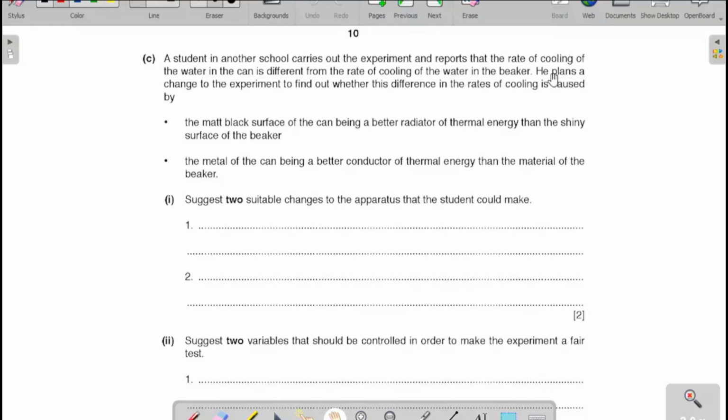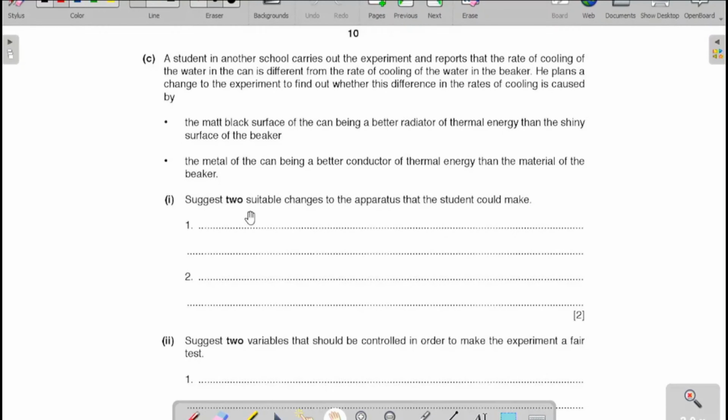So because of that, he plans a change to the experiment to find out whether that is caused by the matte black of the can being a better radiator than the shiny surface of the beaker, or the metal of the can being a better conductor of thermal energy than the material of the beaker. So what do you need to do?